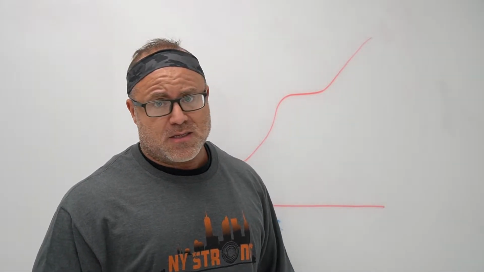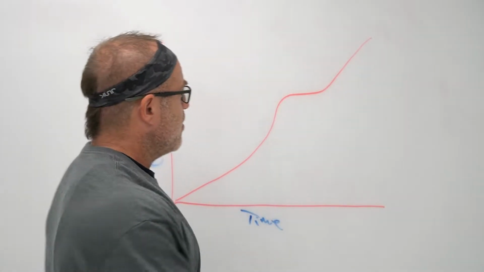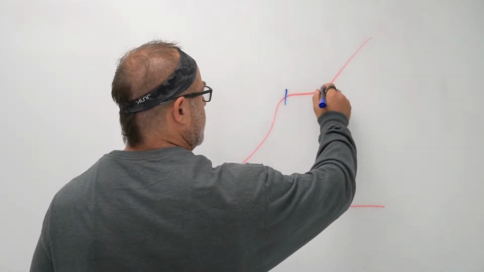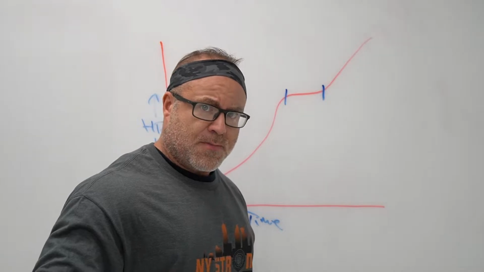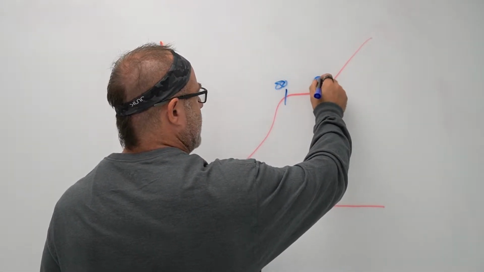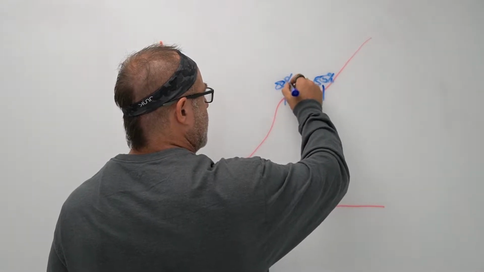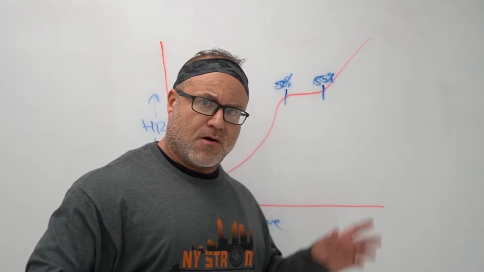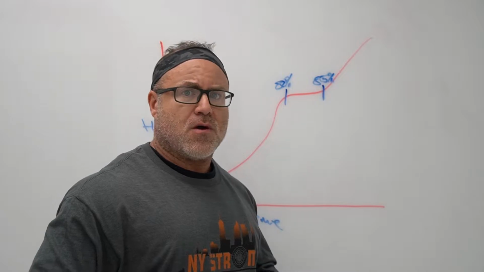For some people, that is extremely intense. But right here to here, the assumption is that this is somewhere around 80 to 85%, which is very, very typical of the heart rate here for VO2 max.